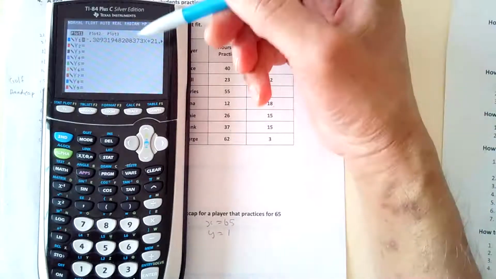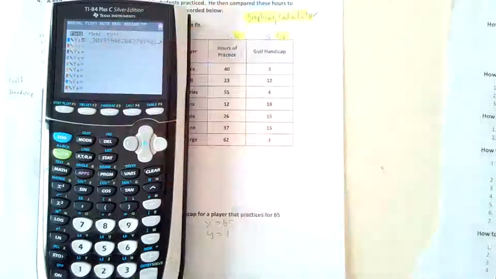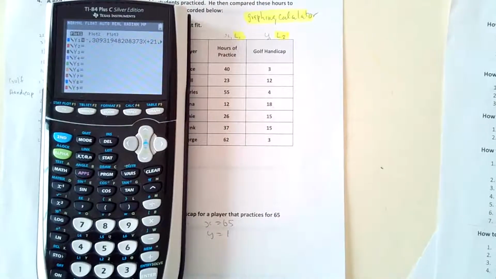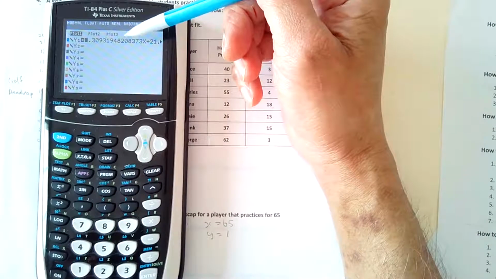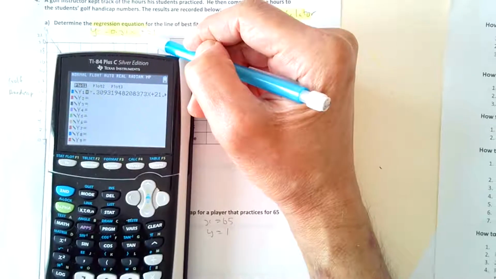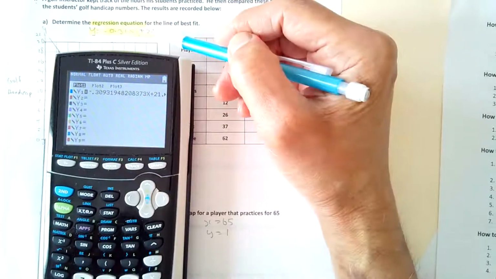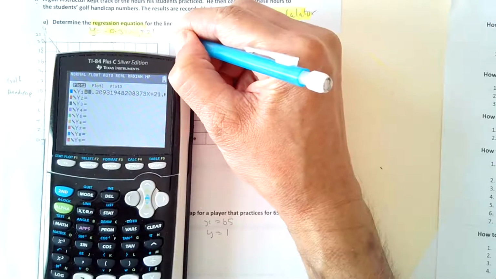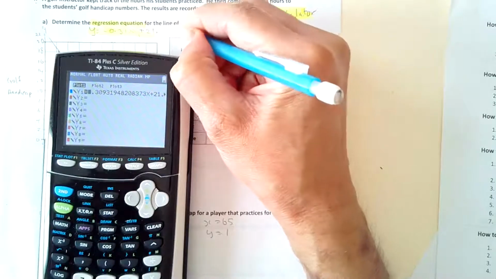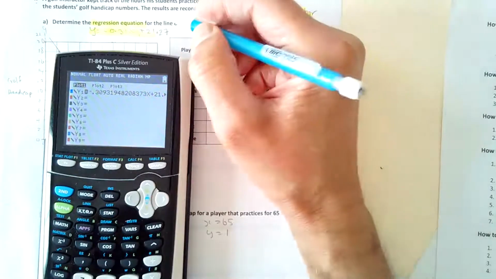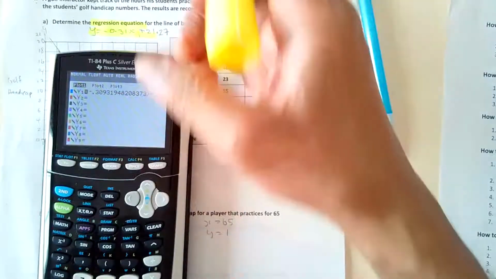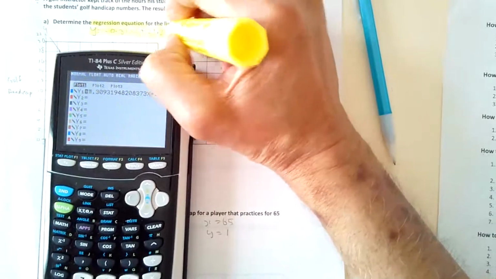Sometimes you already had a previous equation and the calculator will replace it, but it's best to reset your calculator. So this is the same long, wonderful equation. I just shortened it to 2 decimal places. So this is my regression equation for this graph.